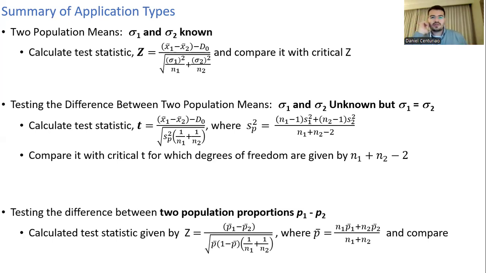If that is X, we are talking about means. If that is P, we are talking about proportions. N is always the number of observations. And the subscript determines whether this is the number of observations from sample 1 or from sample 2. Could be sample 3, 4, or 5.